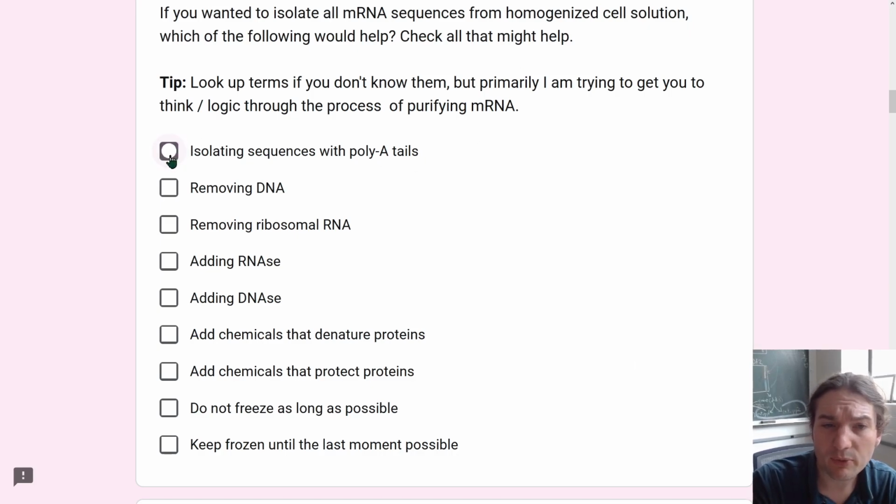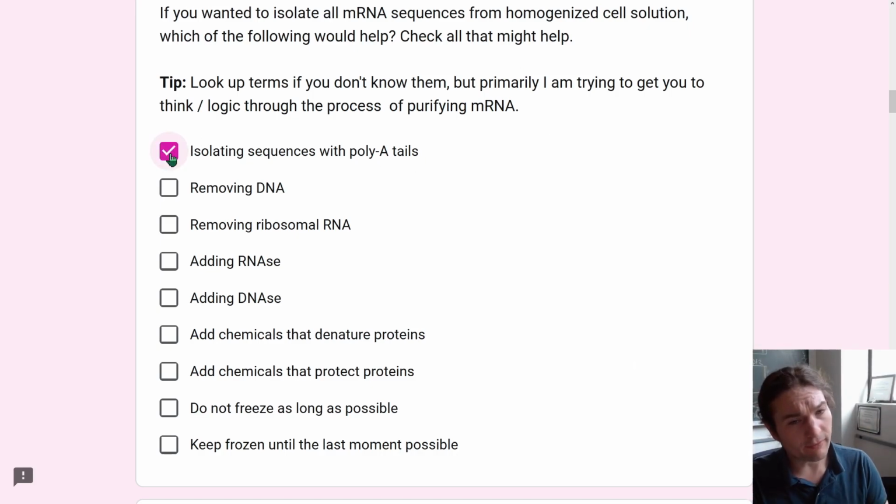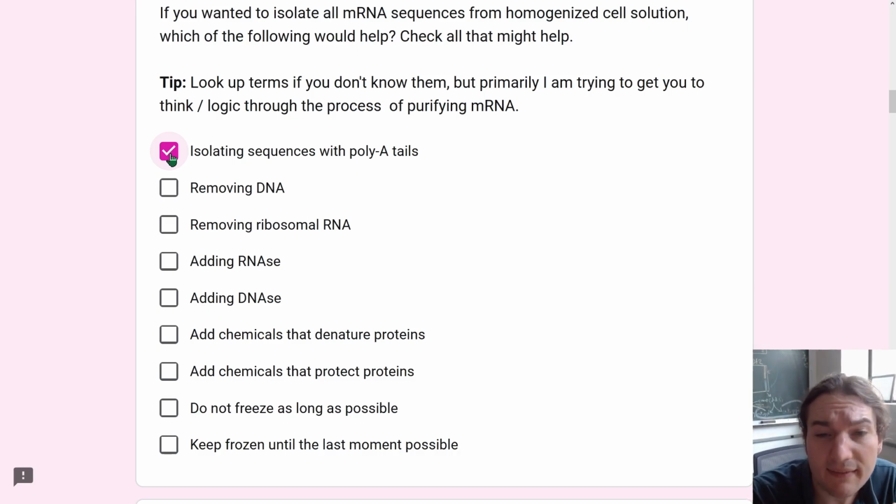So a way to isolate mature versus immature is to isolate sequences with a polyadenylated tail. That by itself is a really major improvement in this technique. And if you only isolated sequences perfectly with these poly A tails, that's probably going to mean that most DNA, I think all ribosomal RNA, is going to be removed as well. But ideally, you're also removing them.